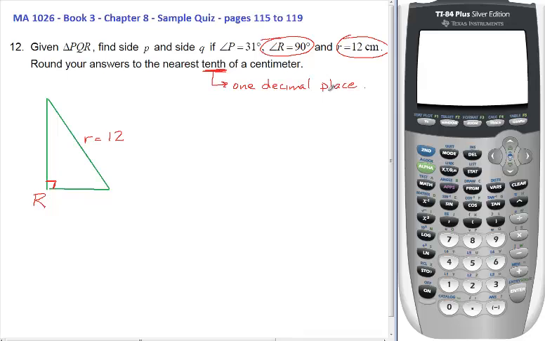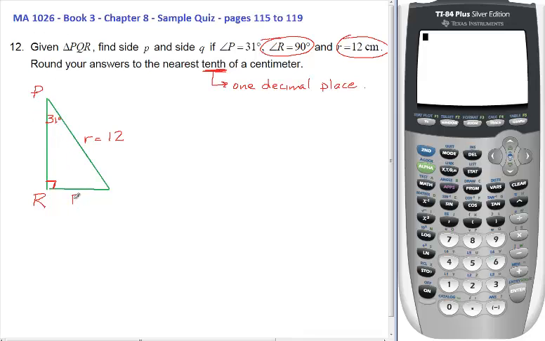Now angle P is 31 degrees. It doesn't really matter where we put P. I'm going to put it here, P. So that's 31 degrees. Now what is opposite P, capital P, angle P, whatever you want to call it, is side little p. So if that's angle P up here, little p is opposite that.